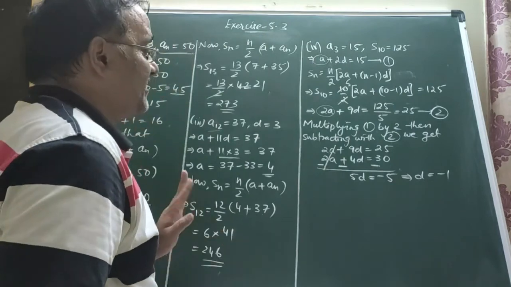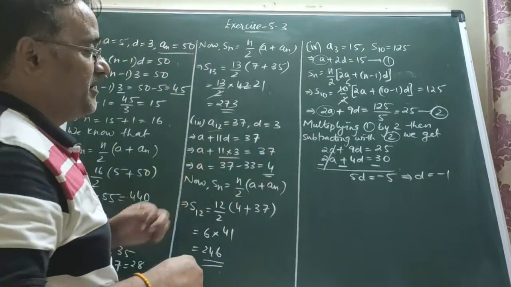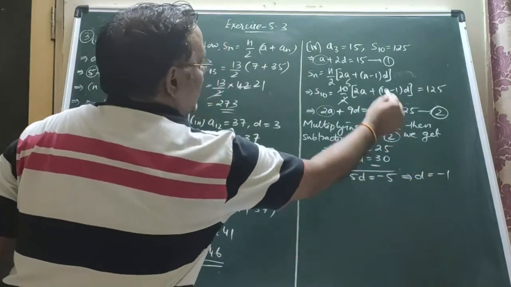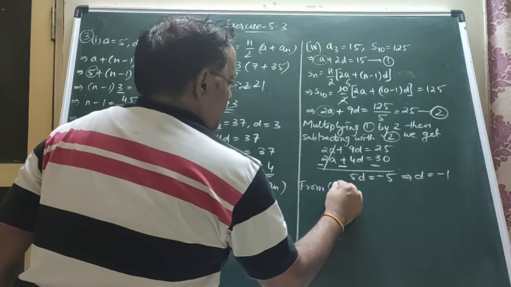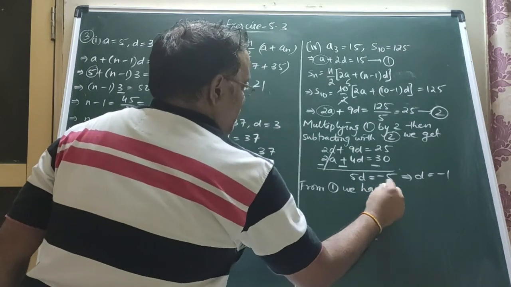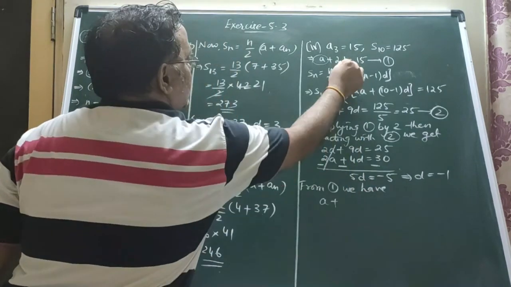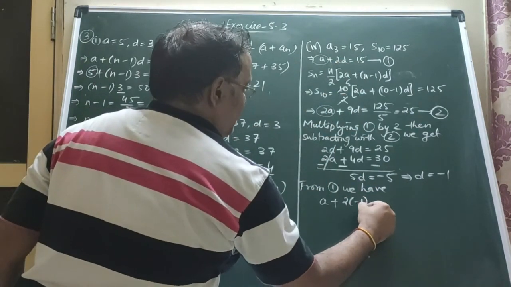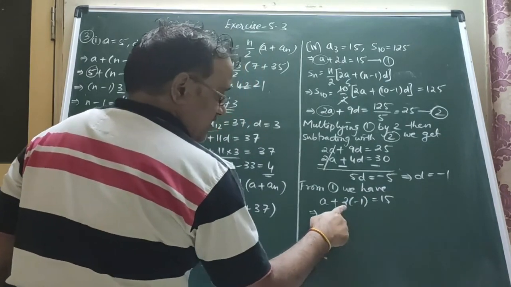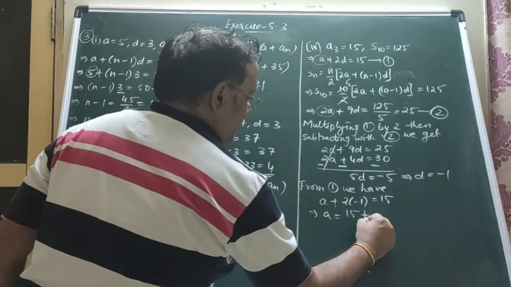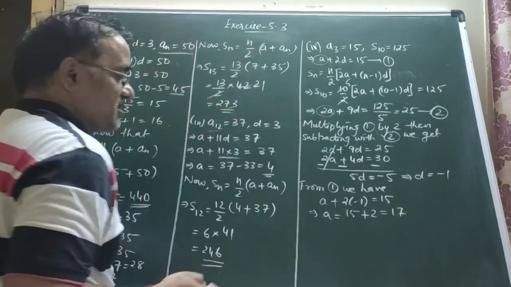Now we have to find a10. For a10 we need a also, so what we will do is substitute this value here. From 1 we have a plus 2 into -1 is equal to 15, and we'll shift -2 to that side, it will become +2, so a comes to 17.